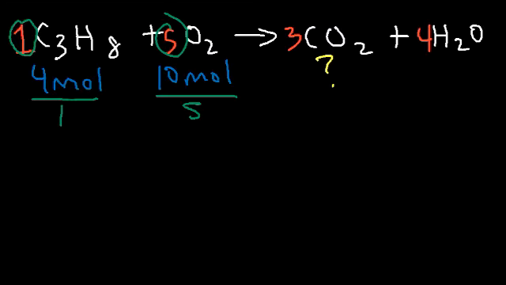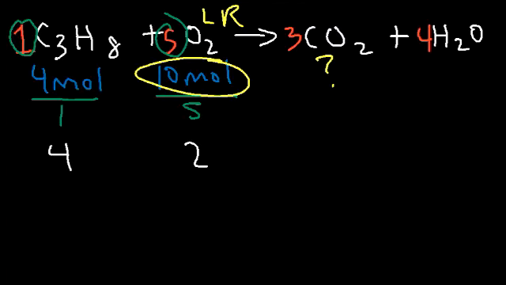So 4 over 1 is 4, 10 divided by 5 is 2, so that means that oxygen is the limiting reactant. Even though it has more moles, just because it has more moles doesn't mean it's going to be the excess reactant. The one with the smaller amount of moles is not always the limiting reactant. It's the one that has the lowest mole per coefficient ratio. In this case, it's oxygen, which means that propane is the excess reactant.